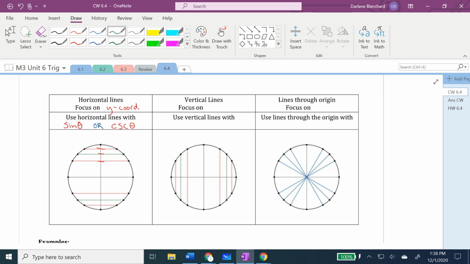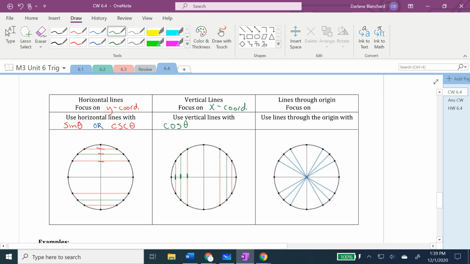Vertical lines. Vertical lines focus on x values. So which trig function uses x? And I see people just about to type it.